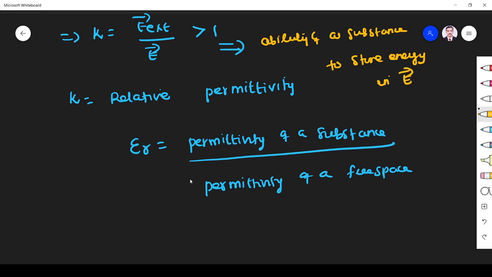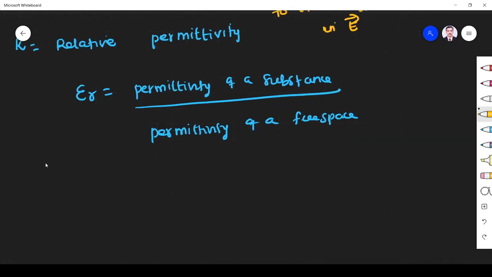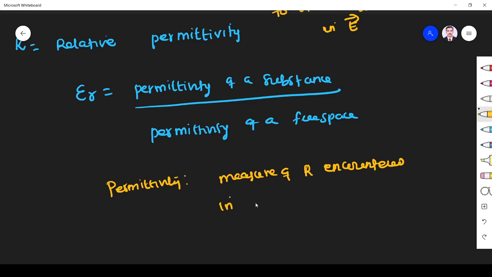The same thing we can express like this also, as relative permittivity. First we must know what permittivity is. Permittivity of the medium is a measure of the resistance encountered in a medium or substance when forming an electric field inside it.